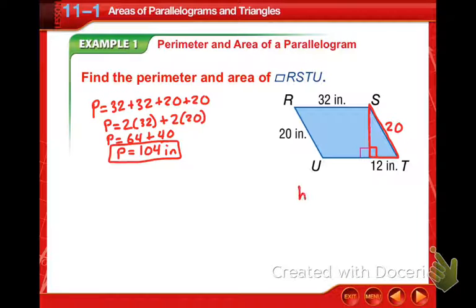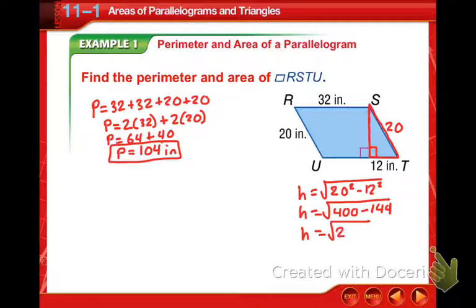So our height is equal to the square root, using Pythagorean theorem, of 20 squared minus 12 squared. So we're taking the hypotenuse, squaring it, taking away the leg that we do know from it. So height is equal to the square root of 400 minus 144. So our height is the square root of 256, which is 16.